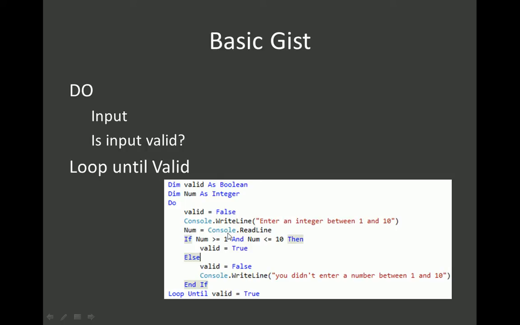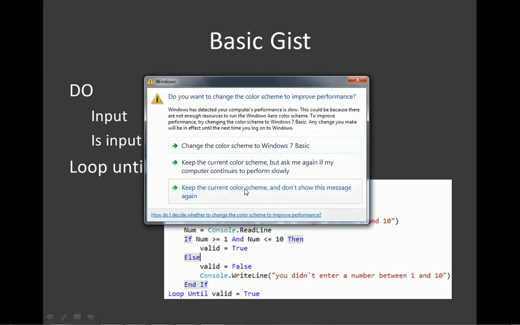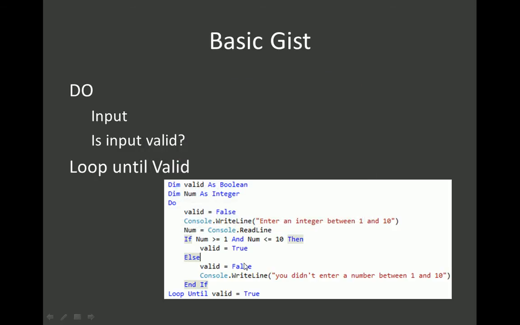The way we do this in VB.NET is I always have a boolean called valid, and I set up my loop and keep going around until valid is equal to true. I actually don't need that "equal to true". I could just loop until valid, because that's a boolean expression, but I put that there for clarity.